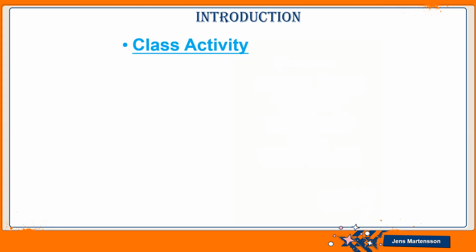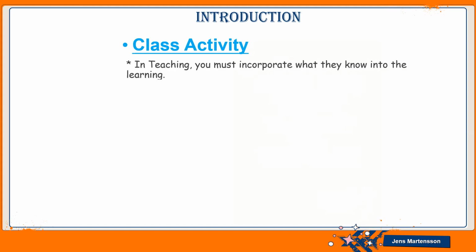Let's move on. We want to look at the teaching proper now. Let's look at class activity, for example. In teaching, you must incorporate what the children know into the learning.